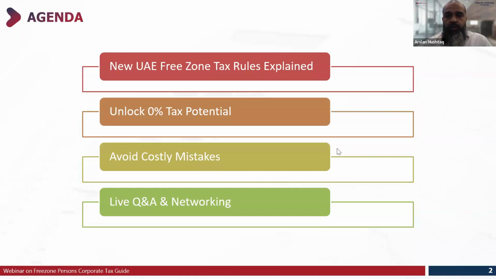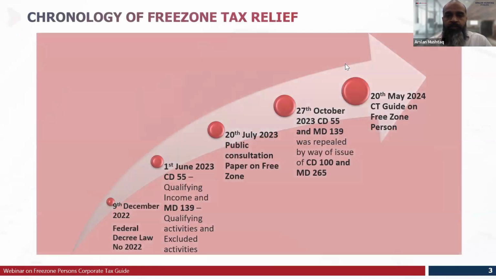So, Rahul, can you go to next slide? Okay, so just to give you an overview of how free zone has evolved over a period of time. In December 2022, we had the law, which was published at that time. And then later in June 23, the Ministerial Decision 139 was issued, in which the concept of qualifying income and qualifying activities was introduced.